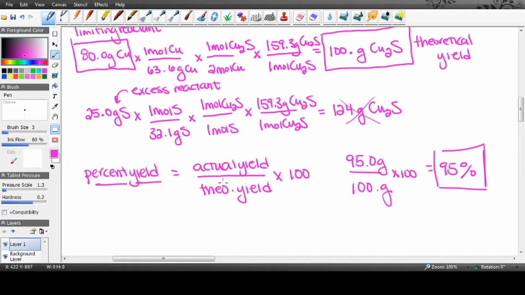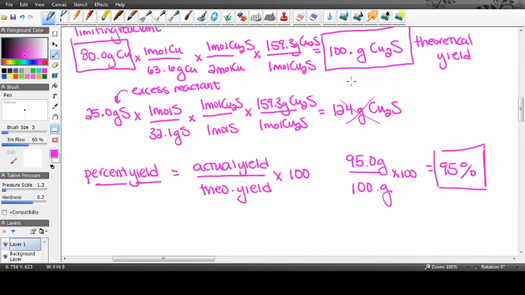Now, there are a few other ways to determine the limiting reactant. However, I think this is the most efficient method. Okay, you start with the amount of each reactant that you have, and you figure out how much product each of them can make. Whichever one makes the least is your limiting reactant, and that amount is your theoretical yield.